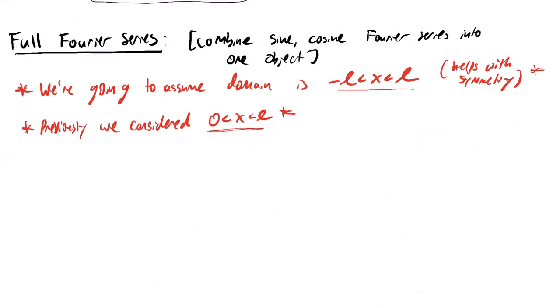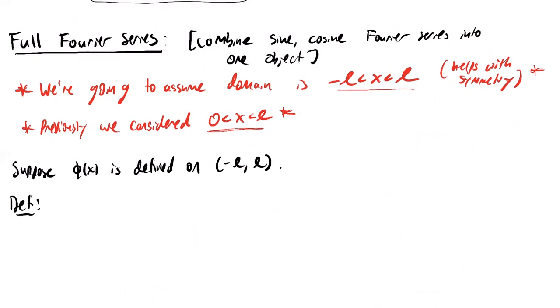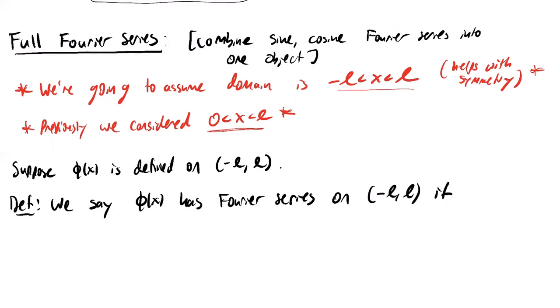Okay, and so let's suppose that we're given a function phi of x, which is defined on, say, the open interval between minus L and positive L. Right, and so the definition: we say that phi of x has a Fourier series on this interval if the following holds.